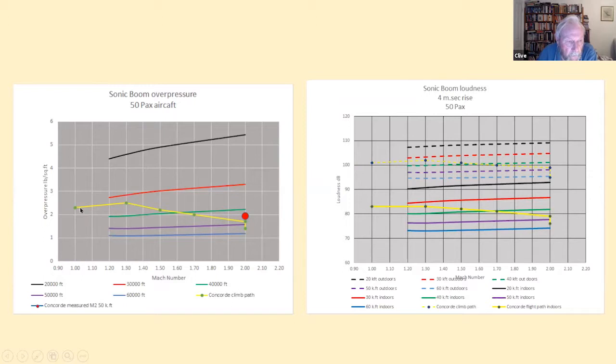Concorde was going, this aeroplane was going through Mach 1 at about 30,000 feet. And you get generating a boom of just over 2. If it had gone through at 25,000 feet, it would have been a boom of 3.5. And instead of a noise level of 83, it would have been 87 or 88.